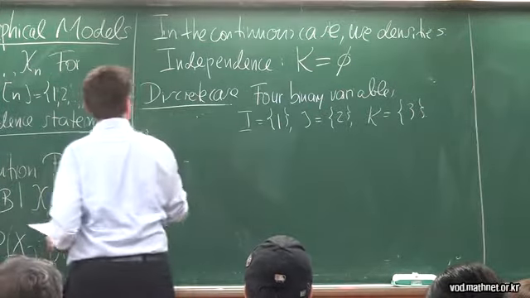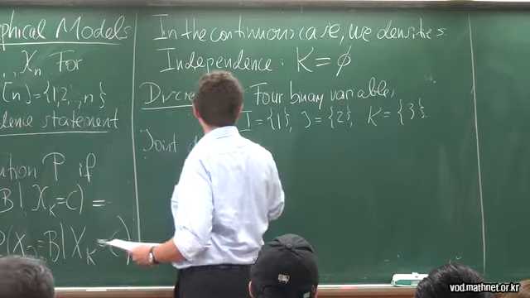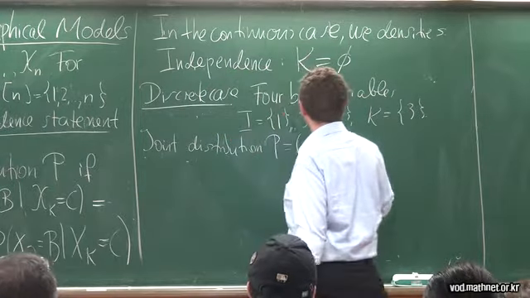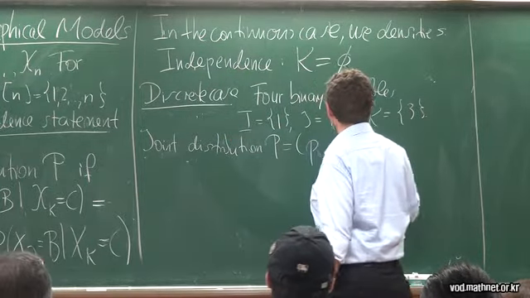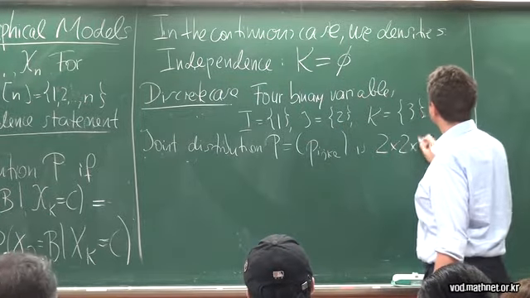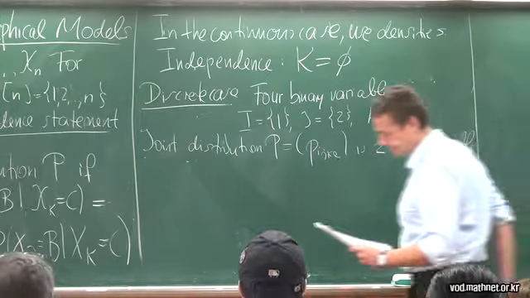So a joint distribution is a table. P_ijkl is a 2 by 2 by 2 by 2 table.